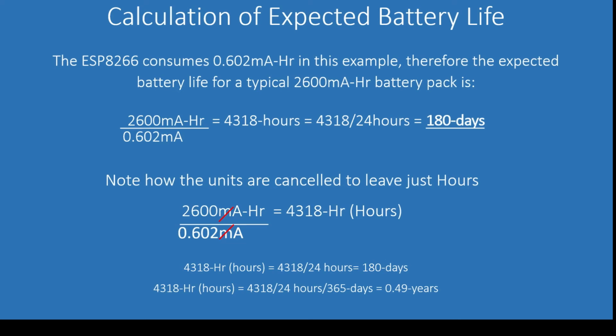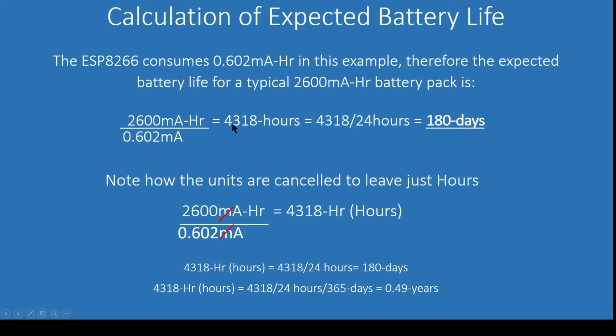Now, what about expected battery life? Having determined milliampere hour, our example battery has a capacity of 2,600 milliampere hours, and to calculate time you divide its capacity by the average current demand, and that gives you a result in hours.